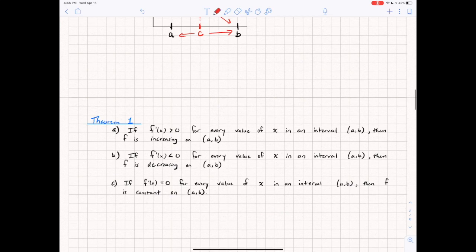Well, the third one that I want to add on to this is essentially saying, okay, well, what if f prime does not exist at a specific value? What does that imply then about my original function? So I'll say for every value of x in an interval from a to b, then f is a vertical line on a to b.